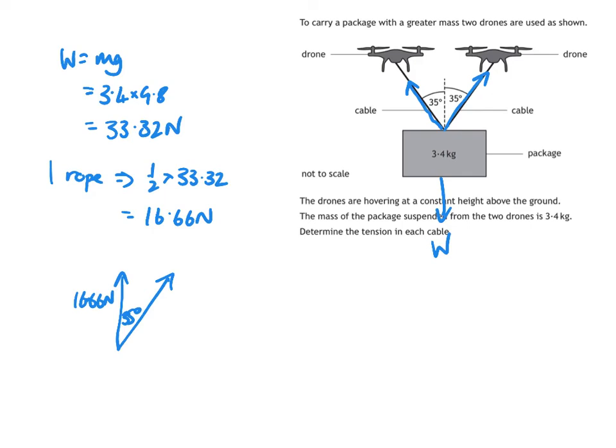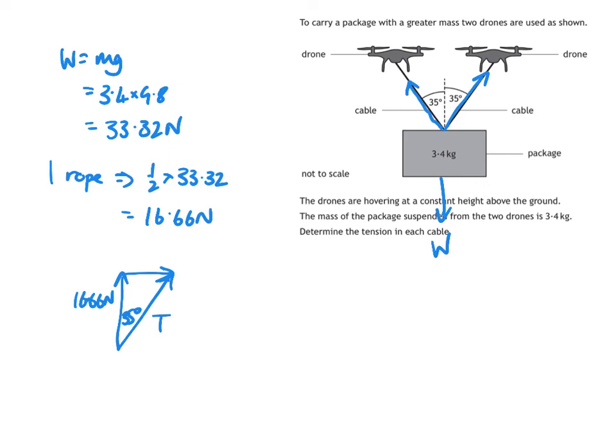So how much is the tension, which is the hypotenuse in this case? If you're wondering about that component there, the one on the right that I've drawn here will be balanced by the one on the left, pulling with an equal force to the left. So even if we worked out that component, it would cancel out and wouldn't contribute to the overall force.